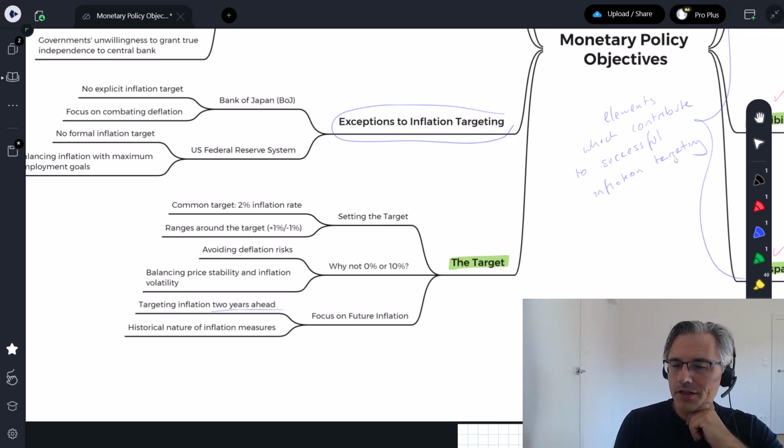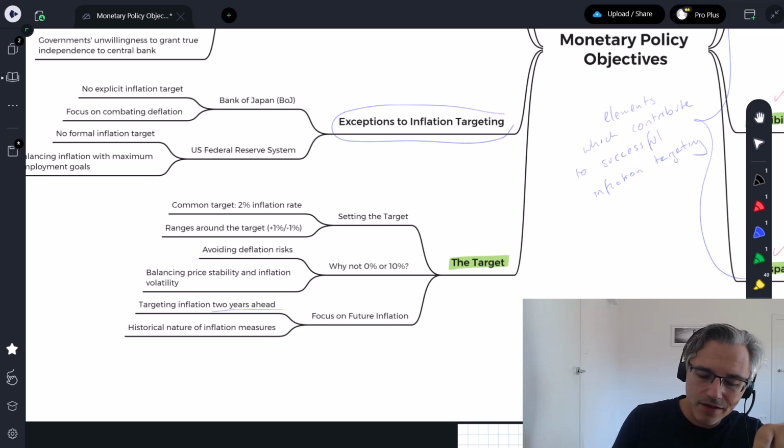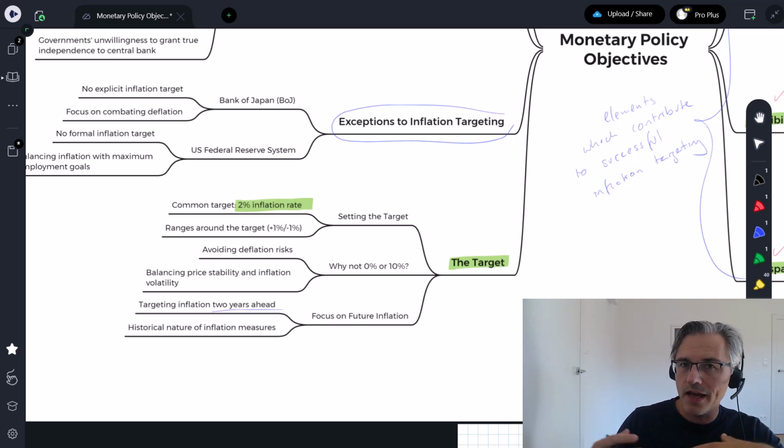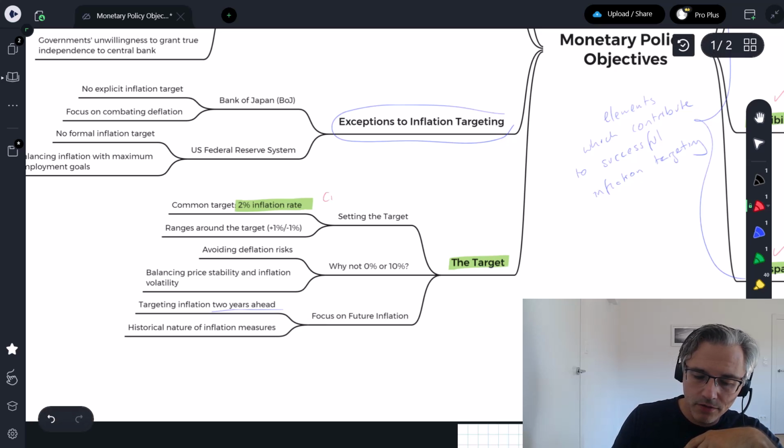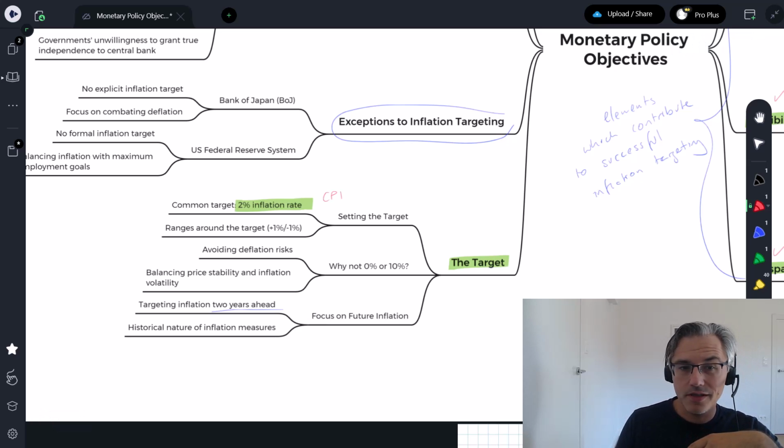So as I already mentioned, in many developed economies the target is 2% inflation, obviously annualized. It's going to be typically based on the CPI, the Consumer Price Index, as the relevant measure of inflation.